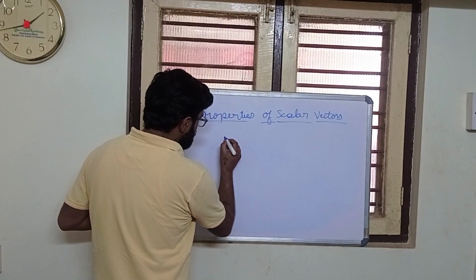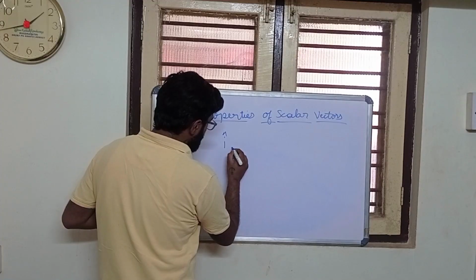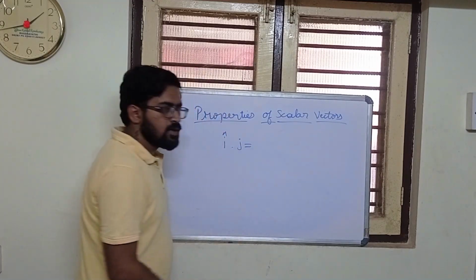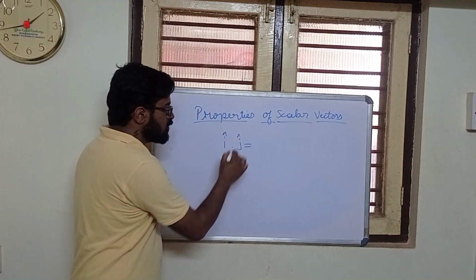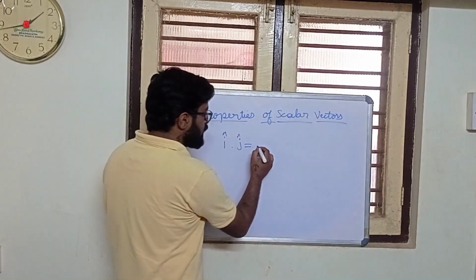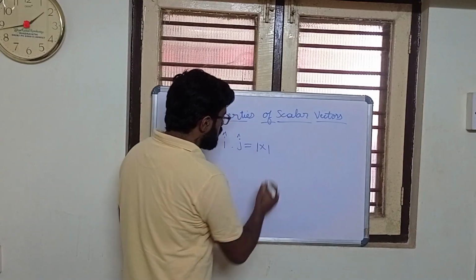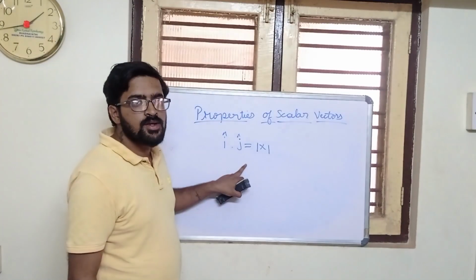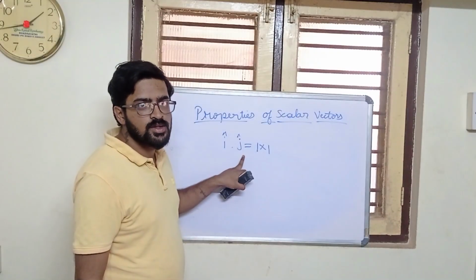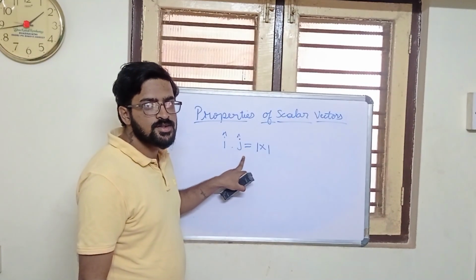Vector i dot vector j. These are the unit vectors. Vector i and vector j are unit vectors, so the magnitude is 1 into 1, cos of theta. i and j are perpendicular to one another. Cos of 90 is 0.